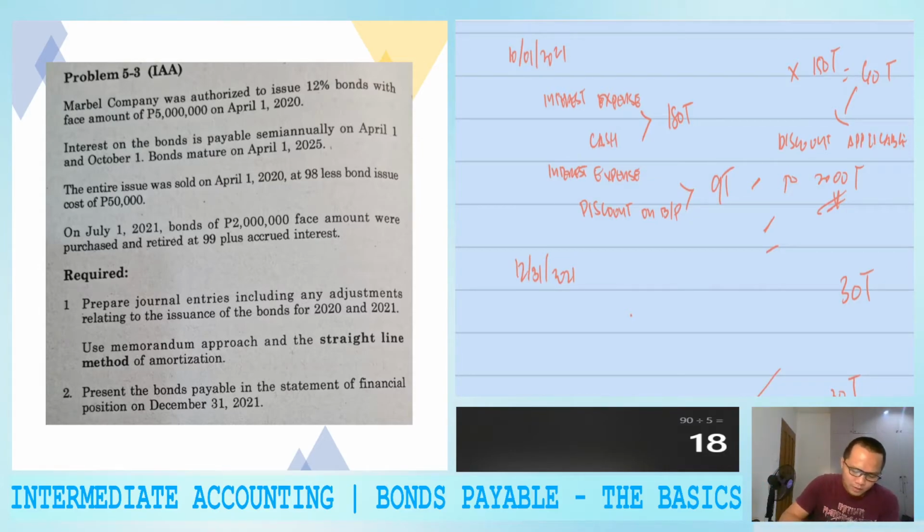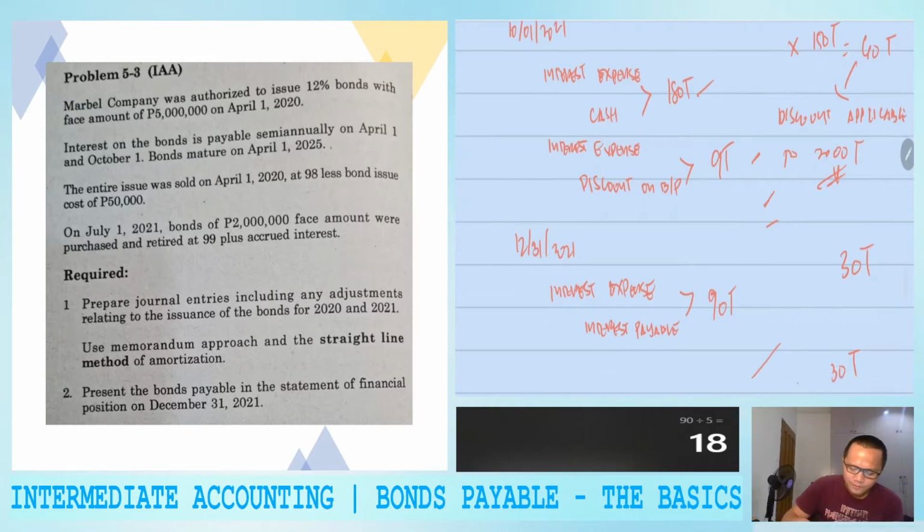adjustment, ha? So, interest expense, credit interest payable. Again, for 3 months, October, November, December. That is 90,000, no? Kalahati lang yan. Di ba? Kalahati sa 180.